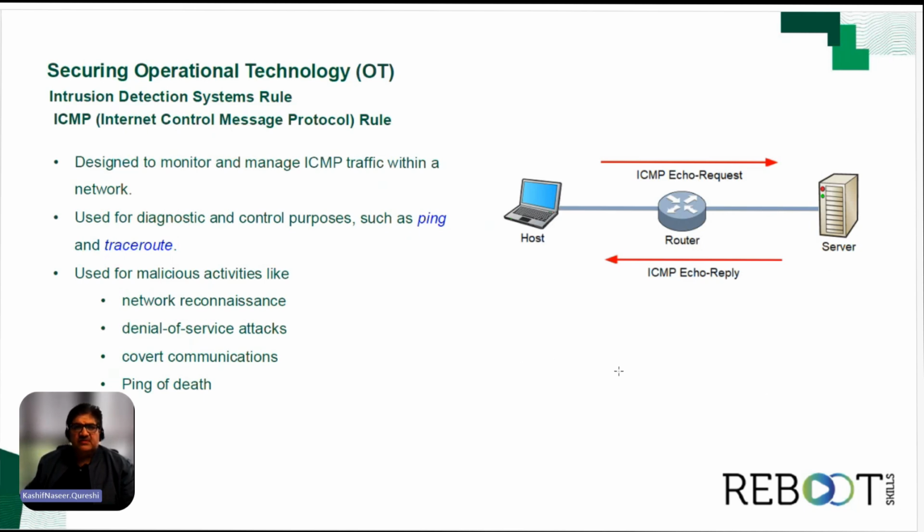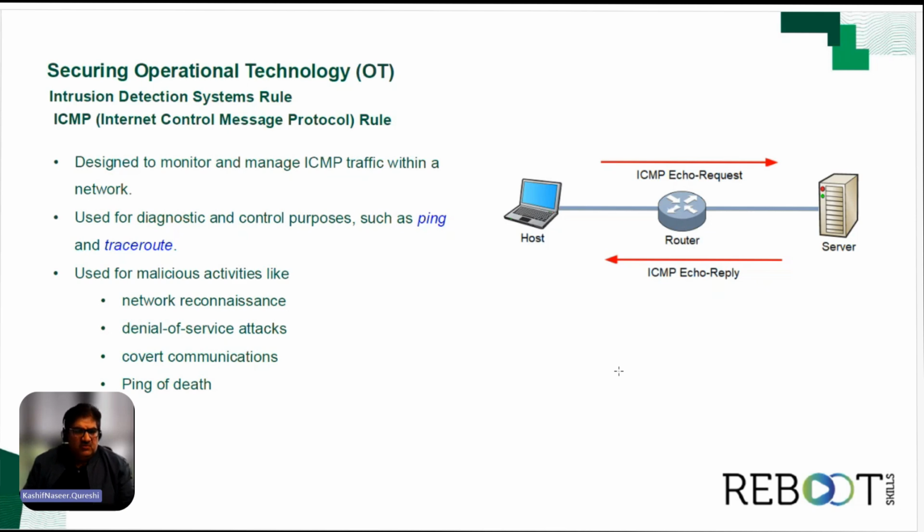Before going to the next thing, first of all, I'm making an Internet Control Message Protocol rule for this node. ICMP is one of the fundamental protocols we use within IP networks.